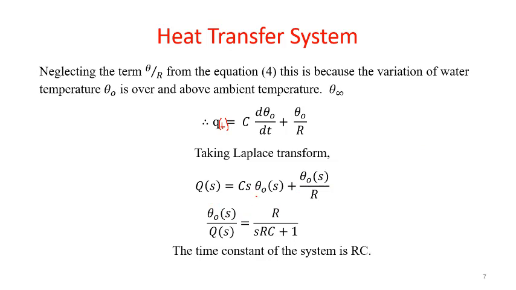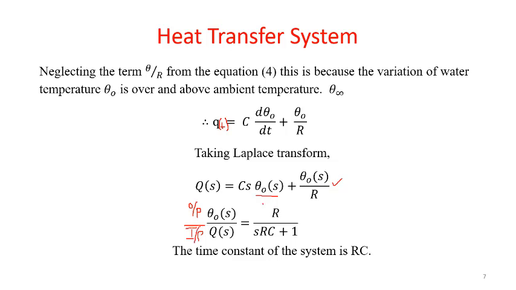So we take θ0 of S as common and rewrite it as output divided by input, where the output is θ0 of S and the input is the heat supplied, Q of S.